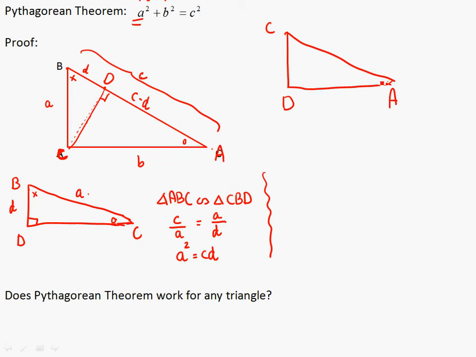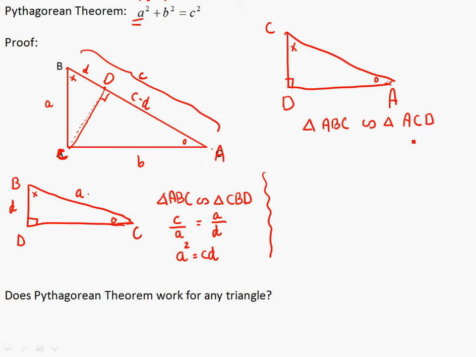Now angle A is the same here, and we know that D is right. So this C is actually the same as angle B in the right triangle. So again, we can make two similar triangles, showing that triangle ABC, the original triangle, is similar to triangle ACD.